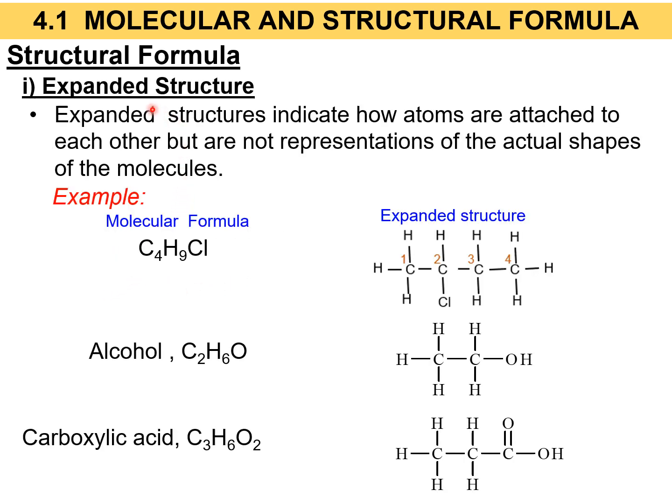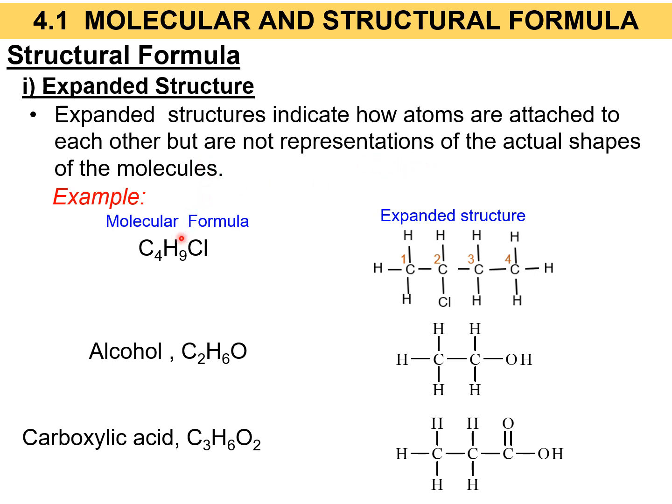Okay guys, so the first structural formula I want you to learn is the expanded structure. Basically, the expanded structure shows everything: bonds must be shown, and also every atom, but it is not an actual representation of the actual shape of the molecule.